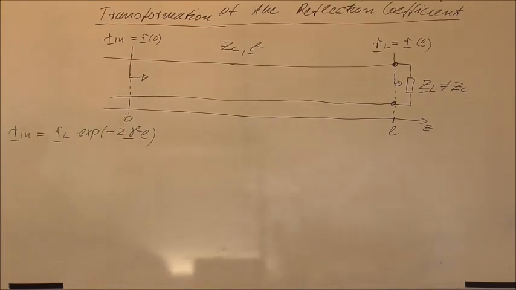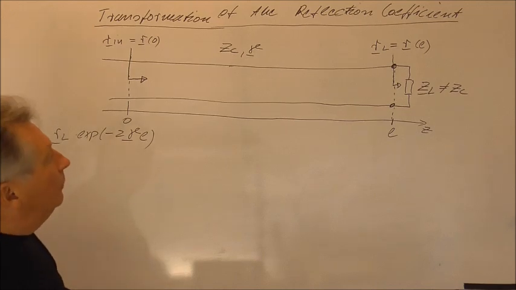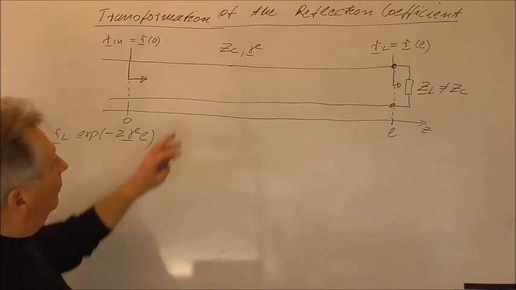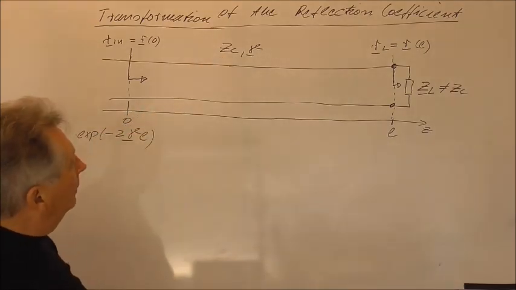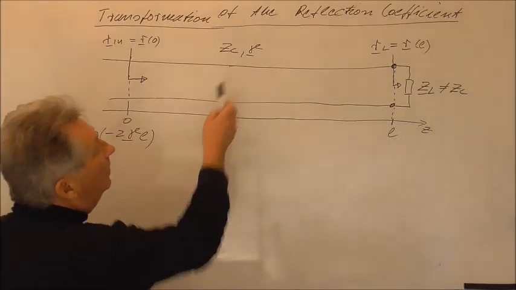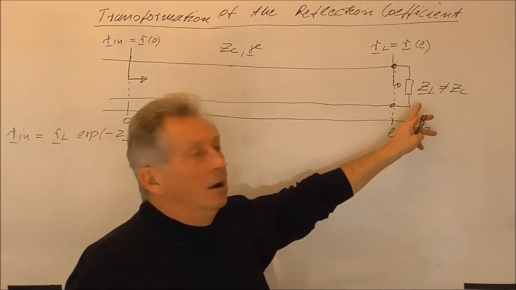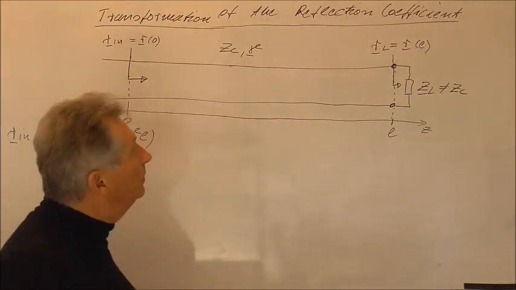So we will now have a look at the transformation of the reflection coefficient along the transmission line in more detail. What we're discussing here is we consider a transmission line having a characteristic impedance ZC and gamma, and we assume that this transmission line is terminated in a load impedance which is not equal to ZC.